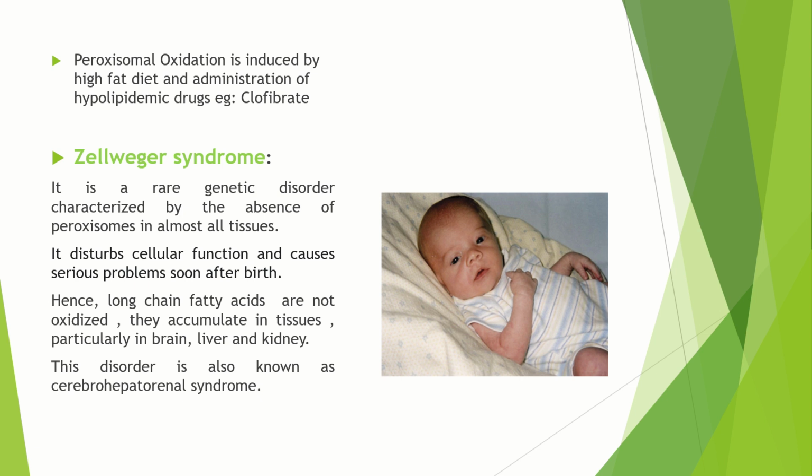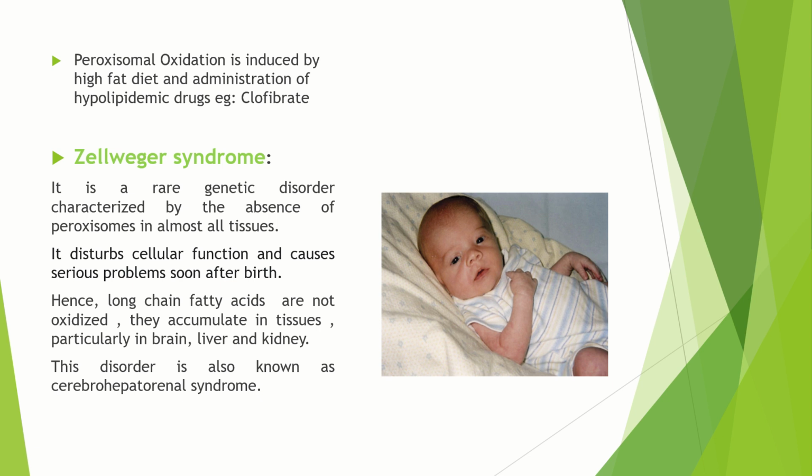And here I would like to mention one syndrome, that is Zellweger syndrome. It is a rare genetic disorder which is characterized by the absence of peroxisomes in almost all tissues. So when peroxisomes are absent, what is going to happen is long chain fatty acids, which consist of more than 20 carbons, are not going to be oxidized.